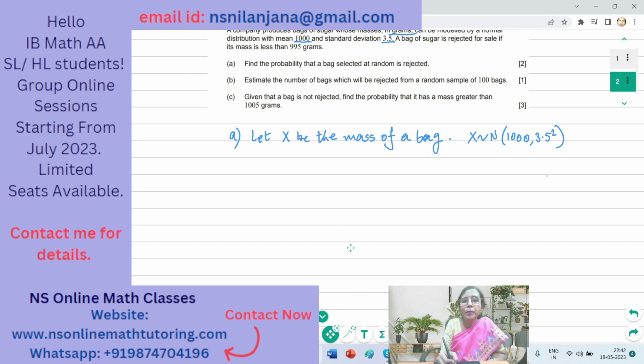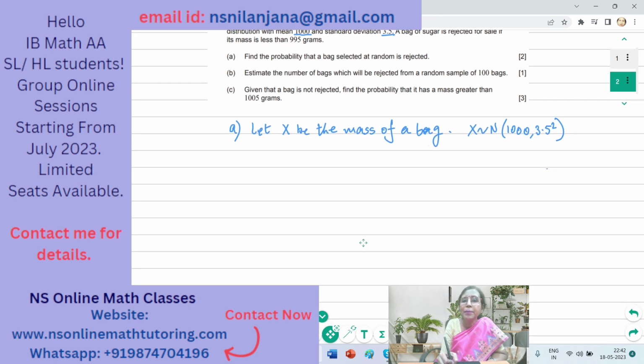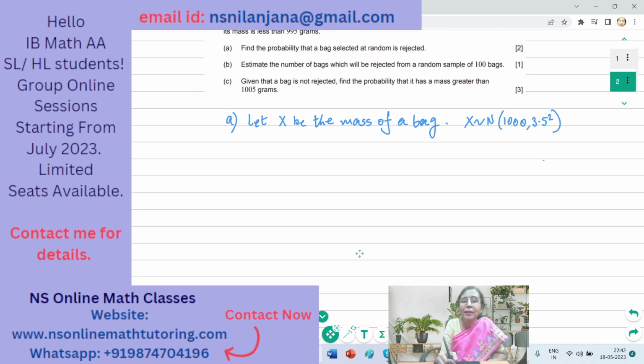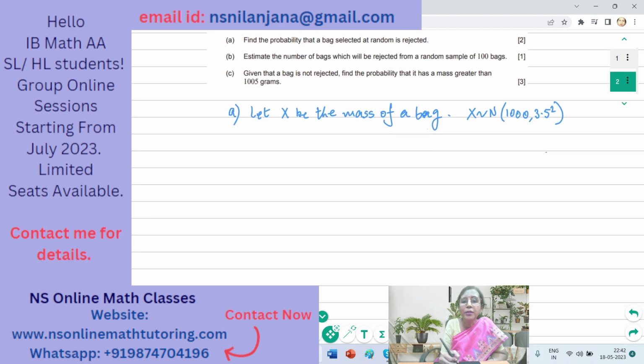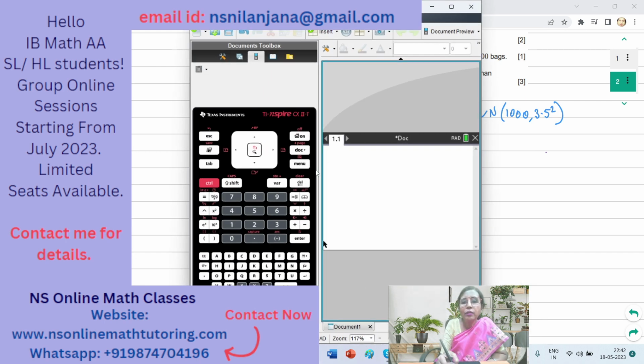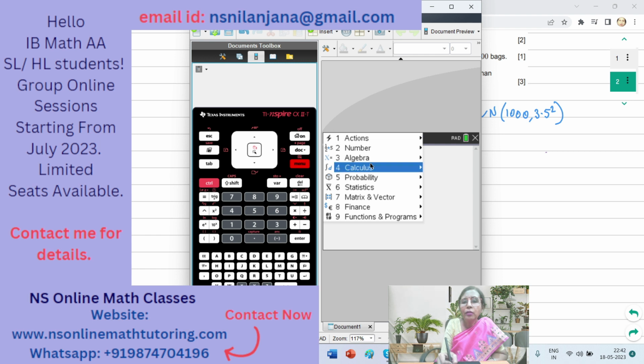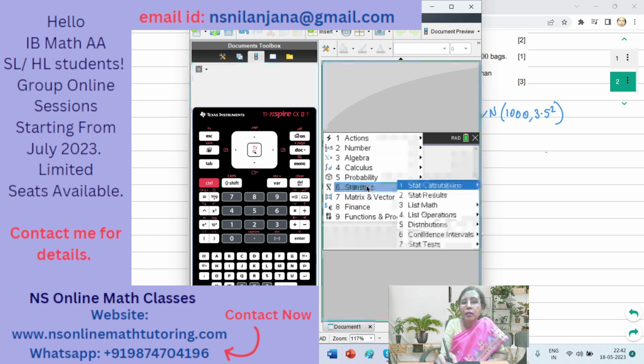And we need to find the probability that the bag selected at random should be rejected. That means its mass should be less than 995 grams. So we need to find the probability where X is less than 995. So we'll be using the calculator menu and statistics, you may take the probability as well.